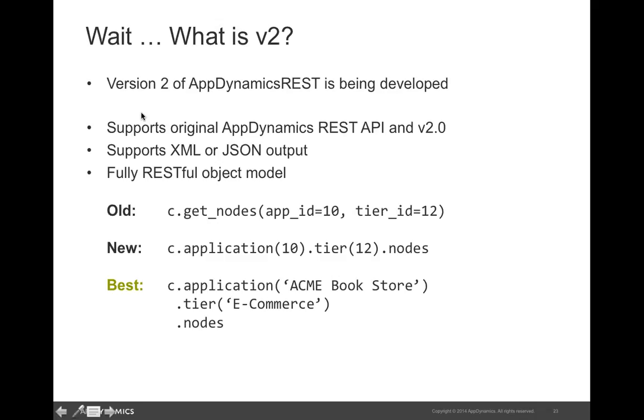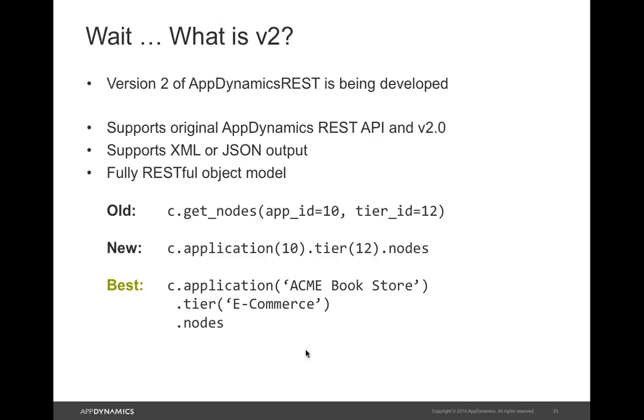So rather than have one object, an AppDynamics client, and a whole bunch of methods that you call on that, we now have more of an object model approach. So whereas before, to get a list of nodes, you would call get nodes and pass in the app and tier, now you can actually call give me application 10 and then give me tier 12 and give me a list of nodes. Or you can even use the names, okay?